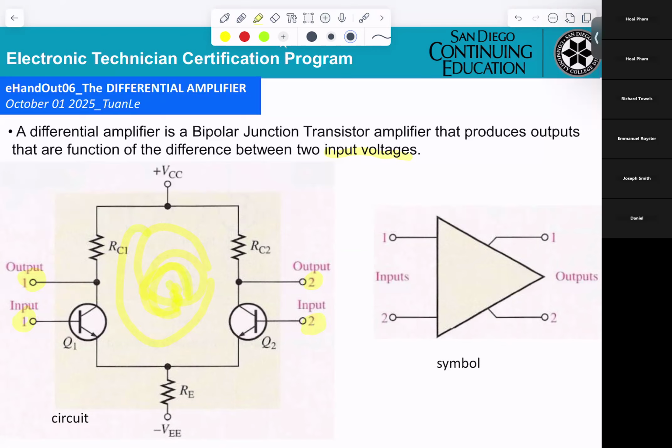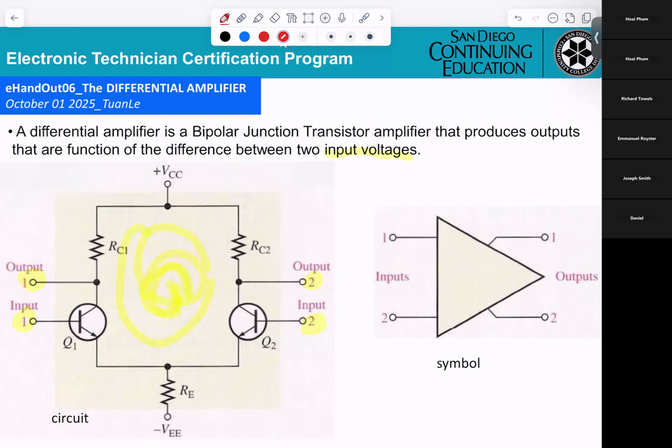In order to understand the differential amplifier, they have Q1 and Q2. Then you have to know for Q1 what the configuration is. We already studied bipolar amplifiers.